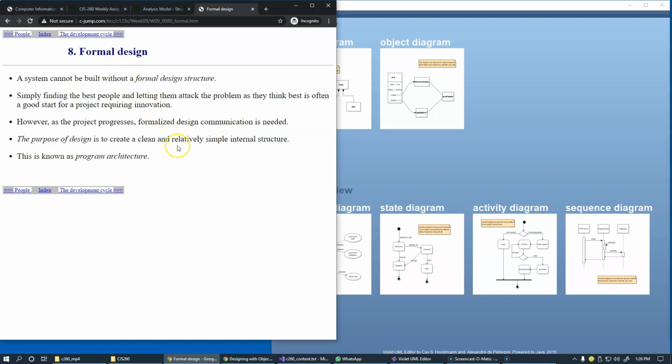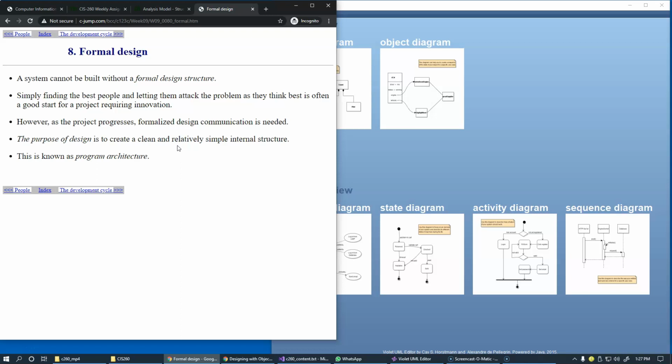Having the best people in the team and letting them attack the problem just the way they want is sometimes a great start, of course, but we still need to focus on the formal design.